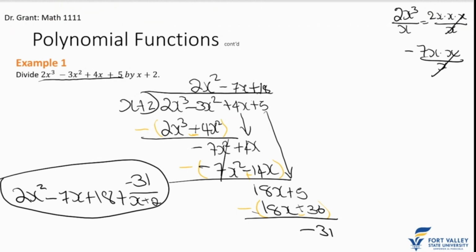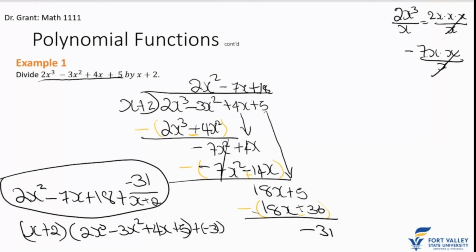Okay, you could also write it as your divisor times your quotient plus your remainder. In other words, if I were to multiply these and add negative 31, then I should get my polynomial that I'm dividing.